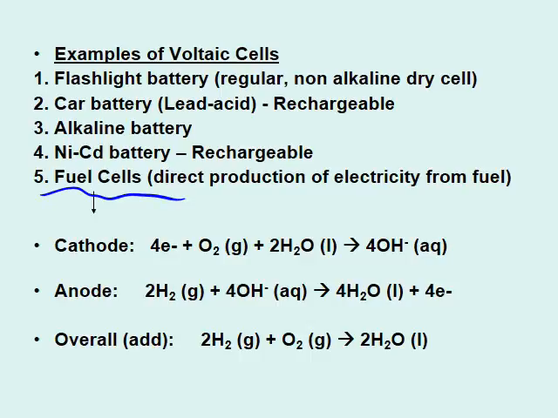By building these kinds of cells, scientists are trying to get highly efficient electrical energy. Still a lot of research is going on in this area. In the particular example I am showing you here, the overall reaction is H2 and O2 combining to give H2O liquid. So the end product is very simple, harmless, and quite useful.